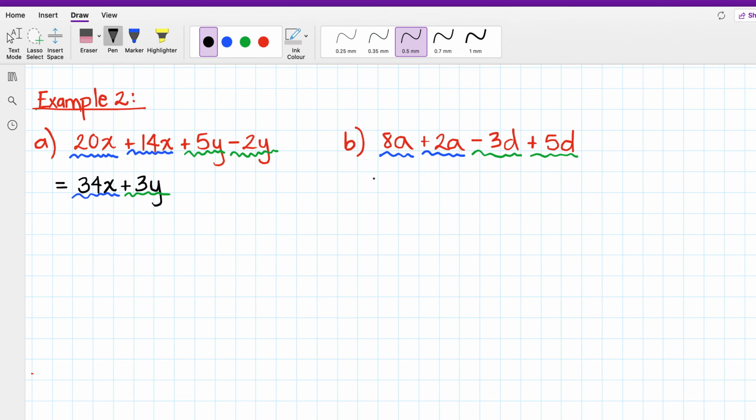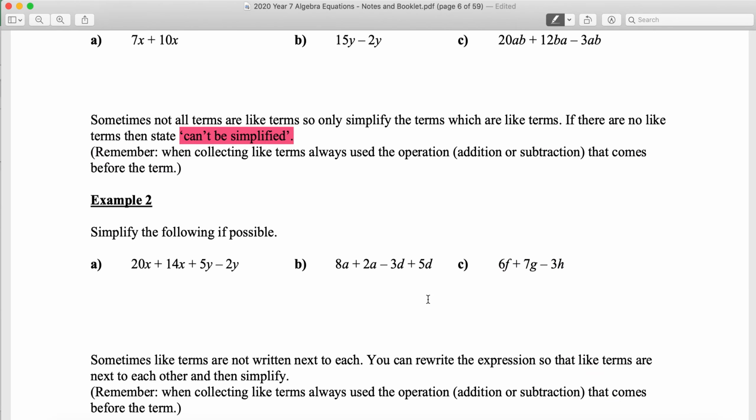Wonderful. So 8 plus 2 is 10a, and negative 3 plus 5, and you can use your number line if you need it, is going to be positive 2d. So you can see here why adding and subtracting integers become very, very important. I'm going to do this d much more clearly. So this looks like a d and this looks like an a. Wonderful. Let's do C, and then I'll finish this video and continue in a different video.